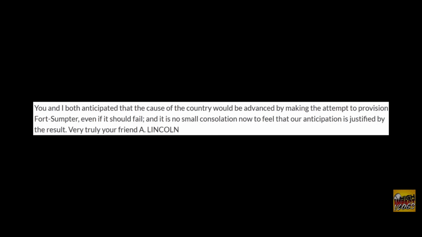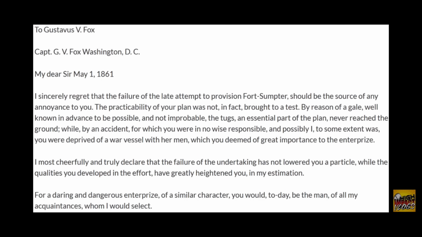You and I both anticipated that the cause of the country would be advanced by making the attempt to provision Fort Sumter, even if it should fail. And it is no small consolation now to feel that our anticipation was justified by the result. Very truly, your friend, A. Lincoln.